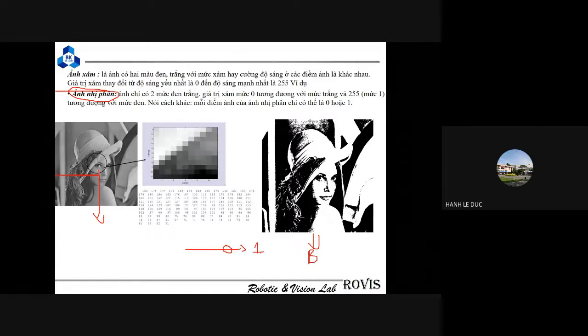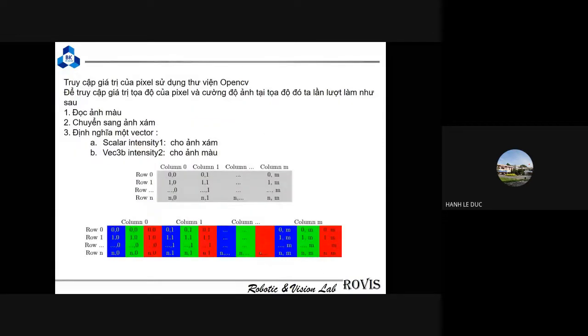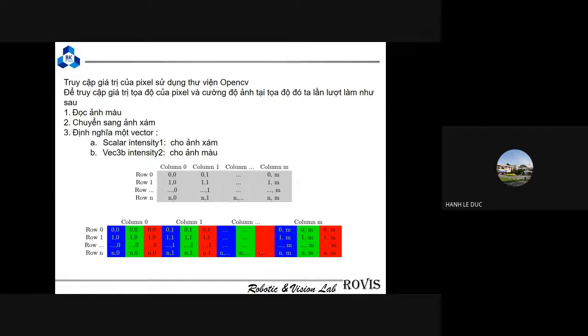In OpenCV, the library provides you the method to access the coordinate of the image. This one is to access the RGB image, and this one is to access the grayscale image or binary image.